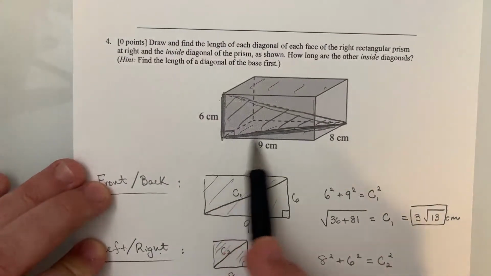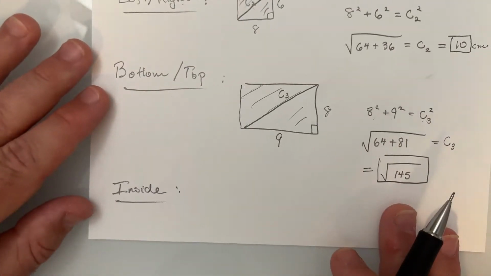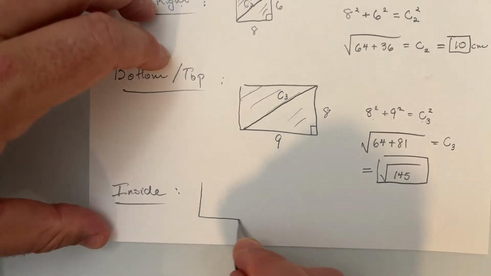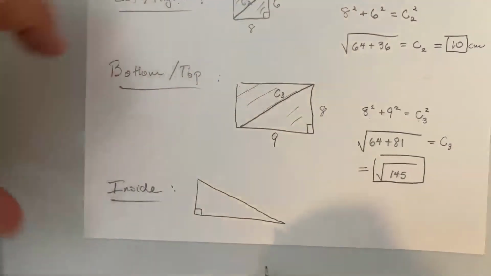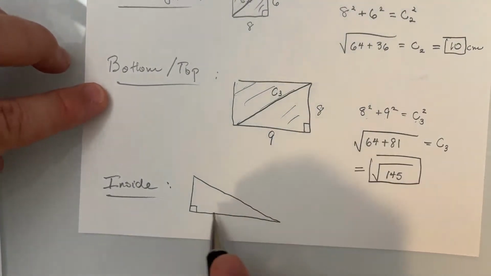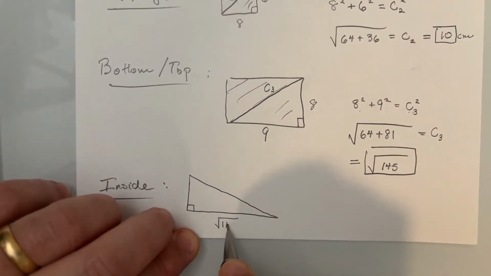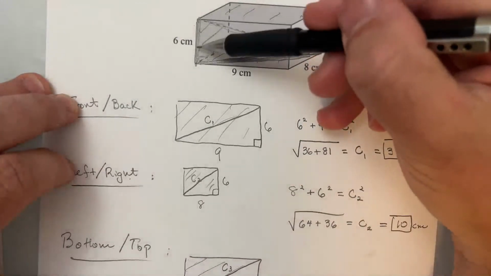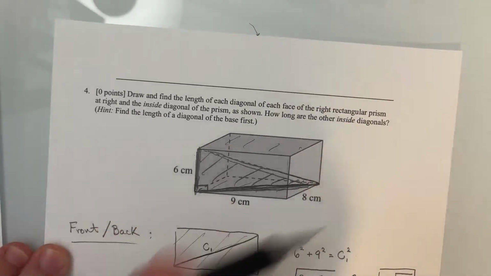The diagonal of this base is actually one of the legs of this triangle associated with the inner diagonal. Okay, so that's kind of interesting. We have figured out from this part right here that this thing is root 145, and we have that this thing is 6. So this triangle is the one going kind of into the page.